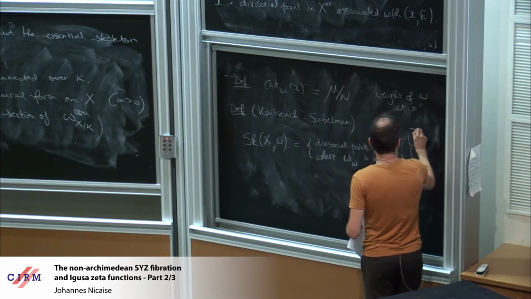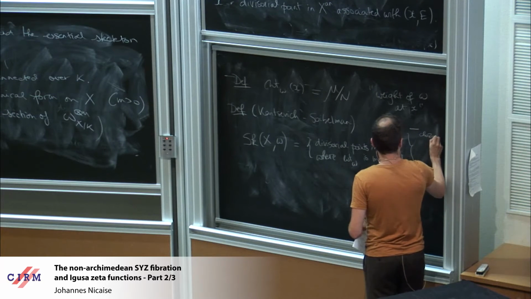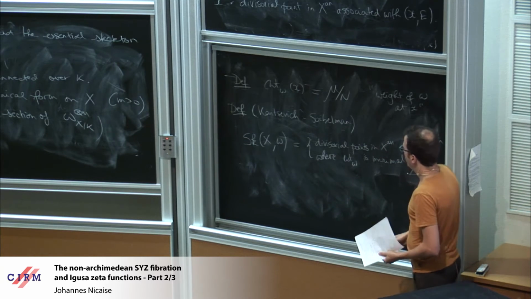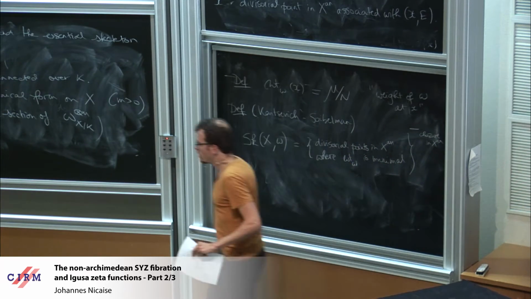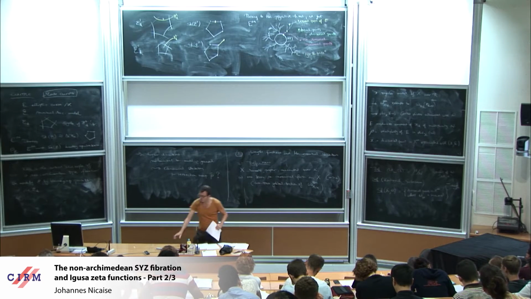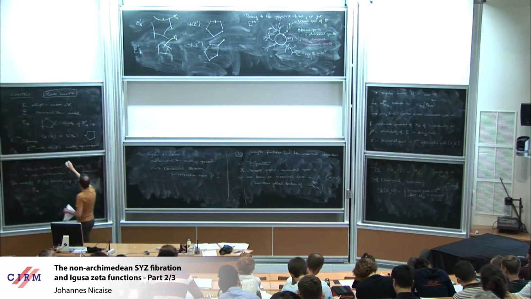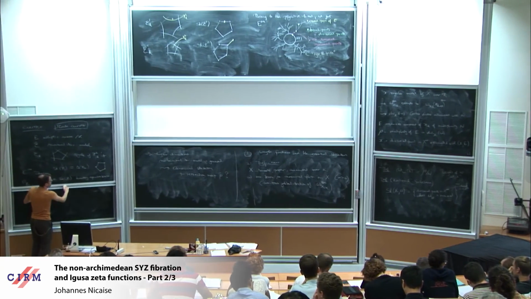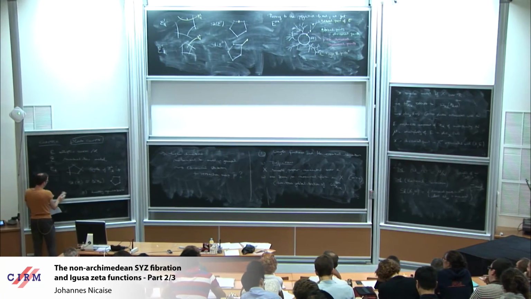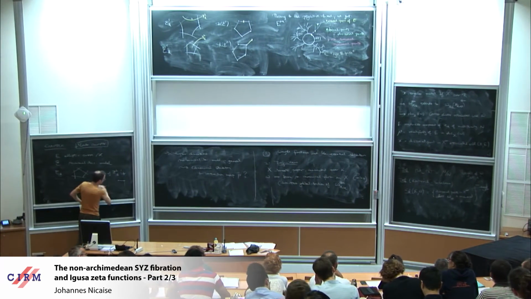And then we take its closure in the Berkovich space X^n. So these are divisorial points which are special in the sense that they minimize the weight of omega.